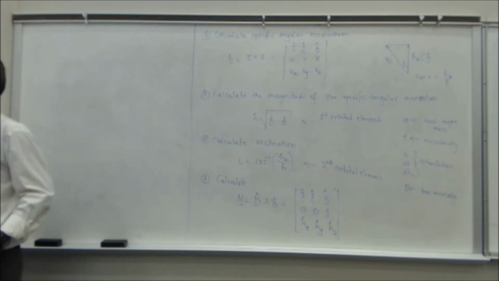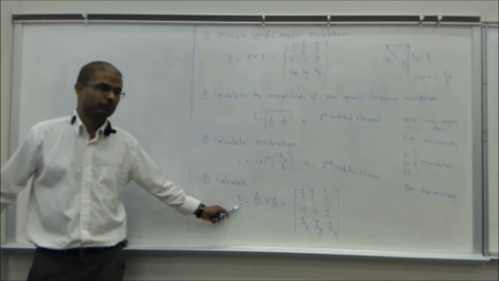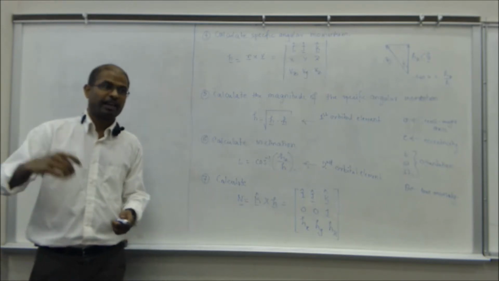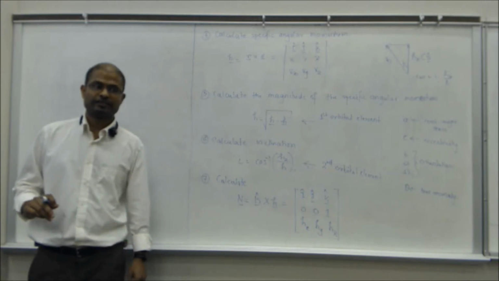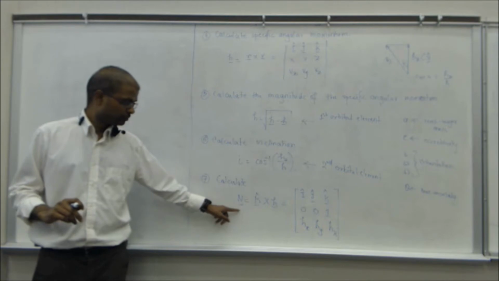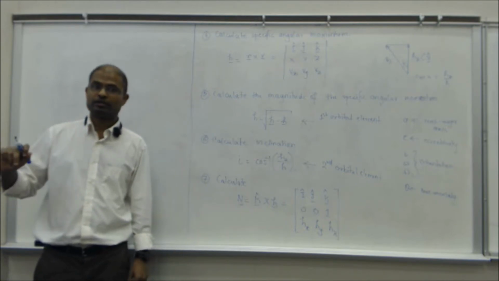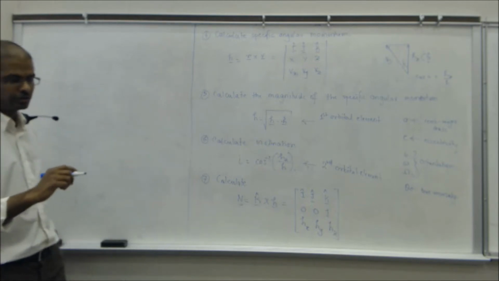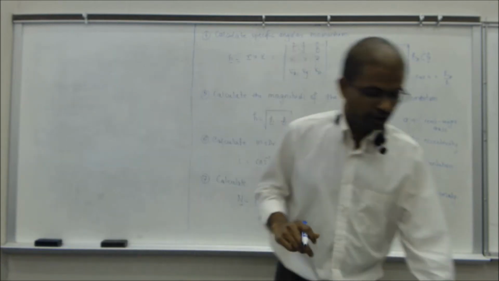This angle is between n and this vector x or I, right? So if you again take cosine of cap omega, cosine of cap omega is what?